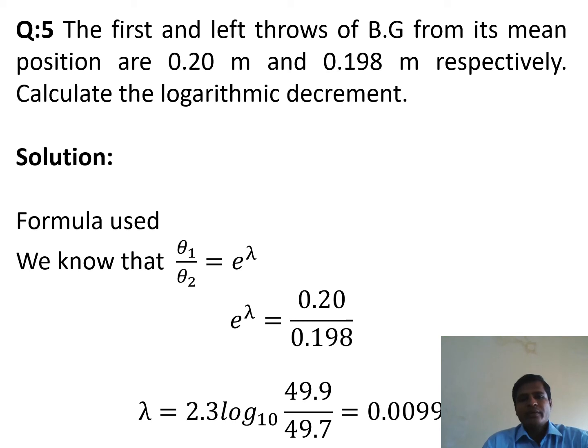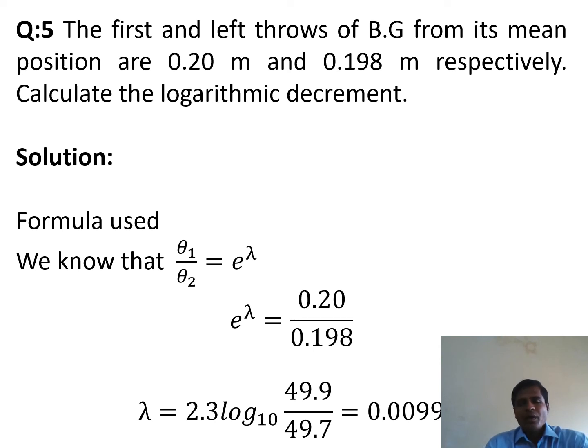We know that theta 1 upon theta 2 is equal to e to the power lambda, where lambda is logarithmic decrement. So after substituting the values of theta 1 and theta 2 in the formula, we get, that is e to the power lambda is equal to 0.2 upon 0.198.